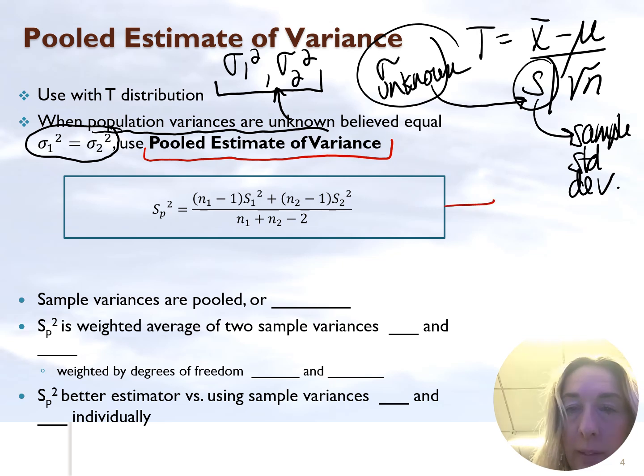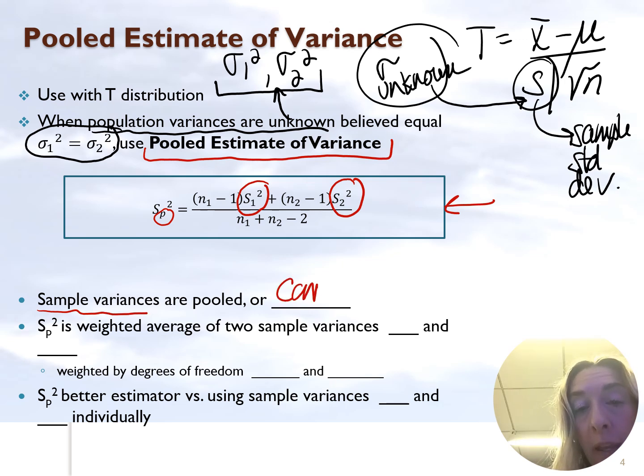This is how you calculate it. You'll see the subscript P there, which stands for pooled. This pooled estimate takes into account a combination of your sample variances. So pooled is just another way to say combined, brought together.